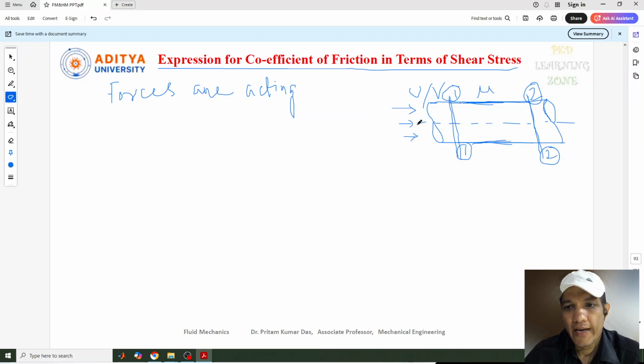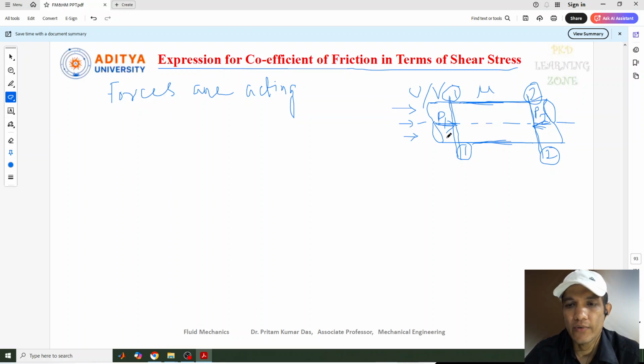And what forces are acting at these points? Suppose at this point the intensity of pressure P1 is acting in the forward direction, the direction of flow, and another intensity of pressure P2 acts in the reverse direction of the flow, because it is section 2.